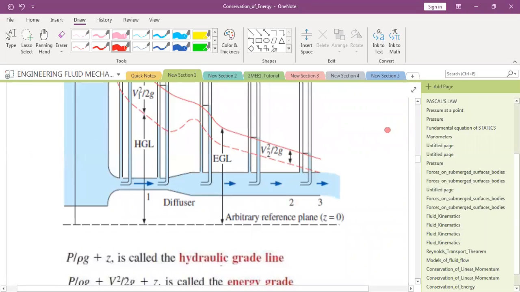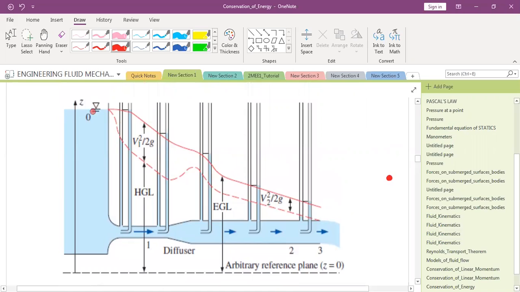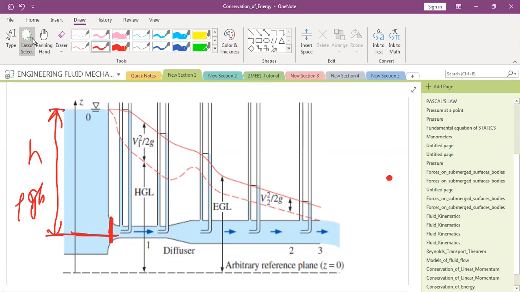So try to see in this diagram. Originally, this was height h, and if this valve was closed, you know that pressure at this point is rho gh. Now you suddenly open this valve.